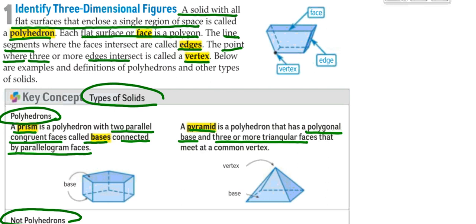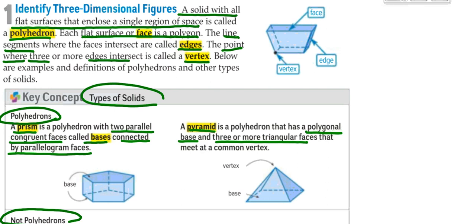So polyhedrons have to have flat surfaces for their sides. Polyhedrons include prisms, which have a base on the top and bottom connected by, in the state of Minnesota, what we focus on, rectangles.